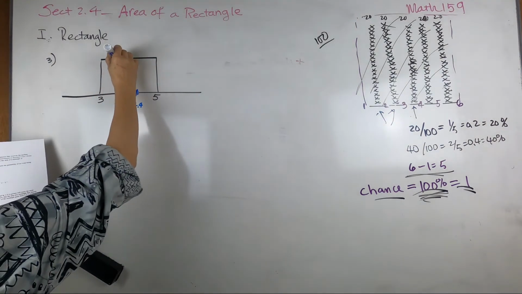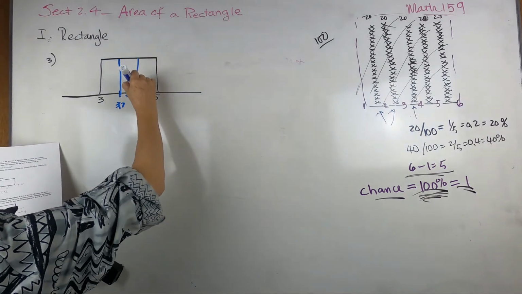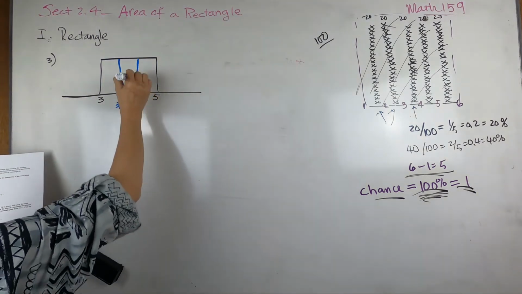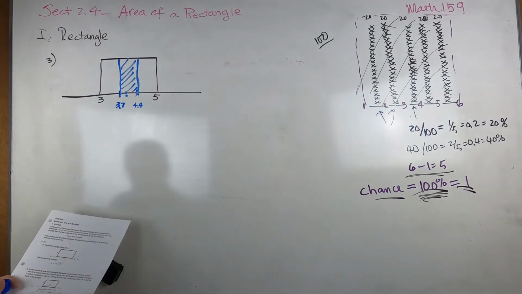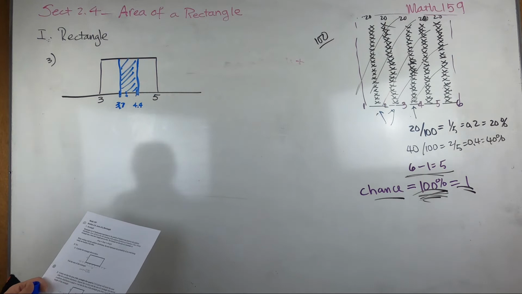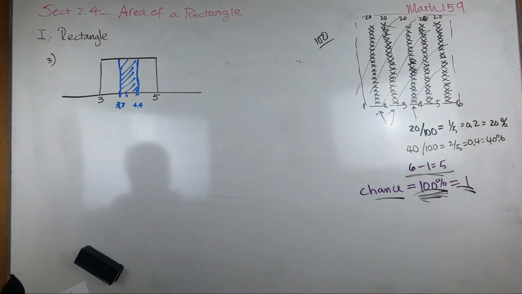The base. So if they have the same height, if your base only goes from 3.7 to 4.4, we are talking about this area. It says, find the area of the smaller rectangle.